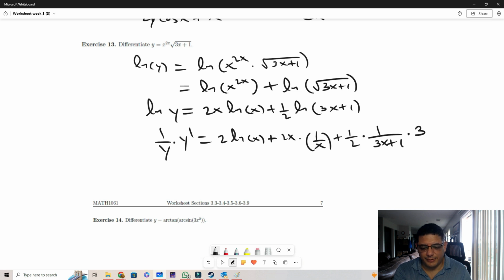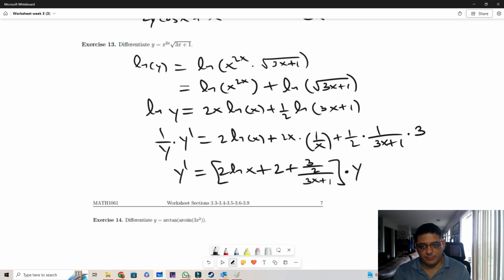And now we can simplify a bit, and y prime is going to be equal to 2 log of x plus, and then notice that this x can cancel with this, plus 2. And then over here we can simplify this a bit and write it as 3/2 over 3x plus 1. And then we're going to be multiplying here by y. But remember that y is really this.